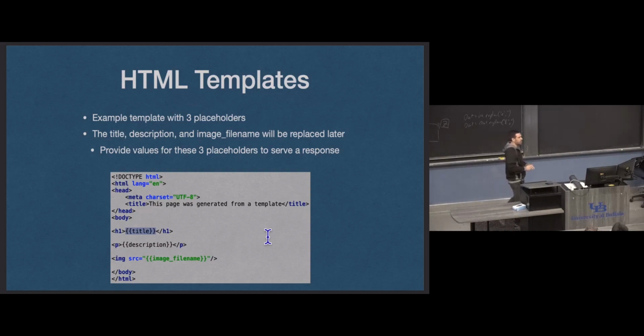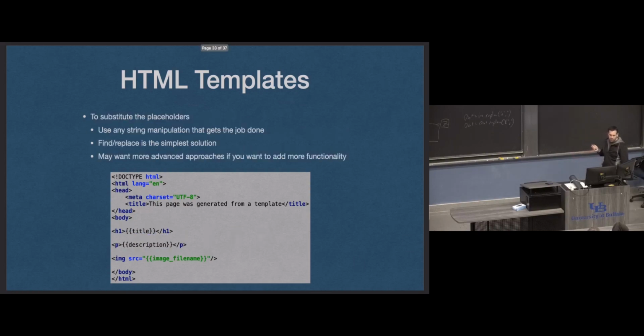But we will be doing more and more HTML templating, as you have to have more and more custom information that you're sending to a specific user. So this is my recommended way. Just put your placeholders. And there are more advanced things we can do with this.